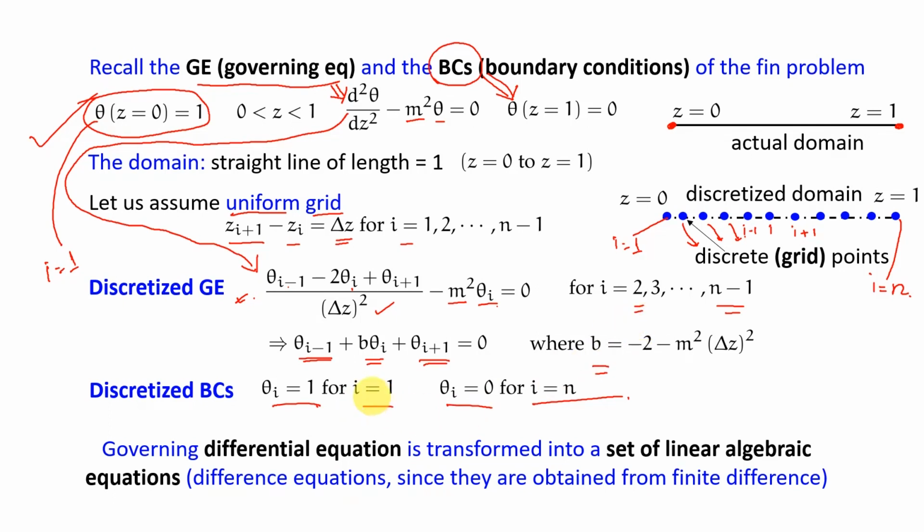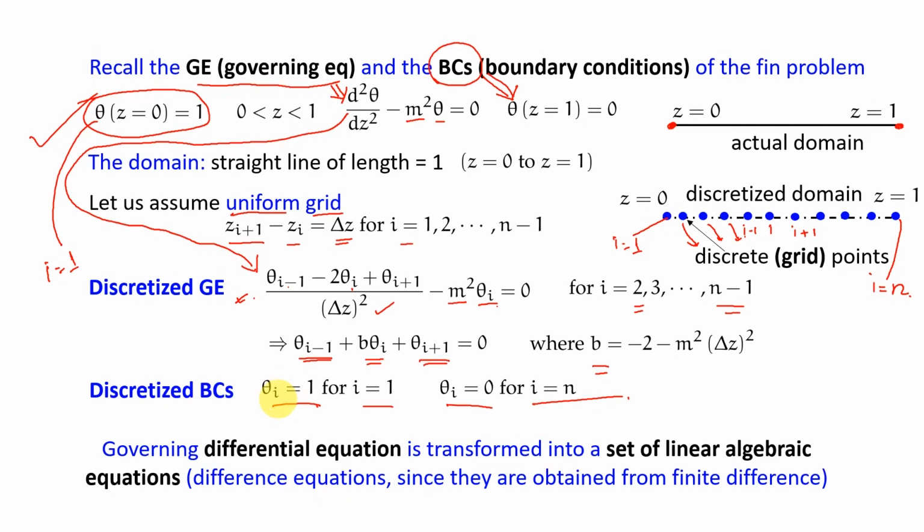My equation 1 is theta i equals 1, and equation n is theta i equals 0. Then from 2 to n minus 1, I have theta i minus 1 plus b theta i plus theta i plus 1. So overall I have n equations, and the theta i are my unknowns, with i going from 1 to n.